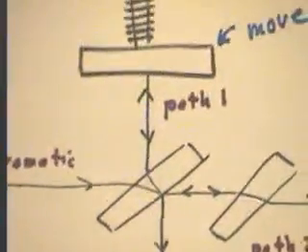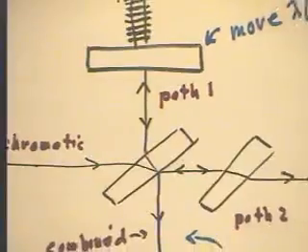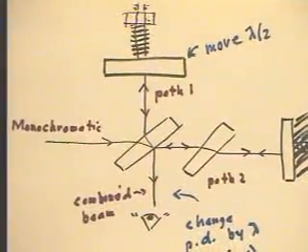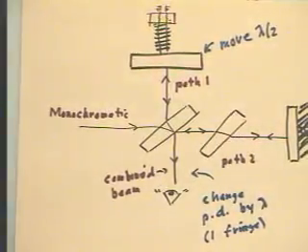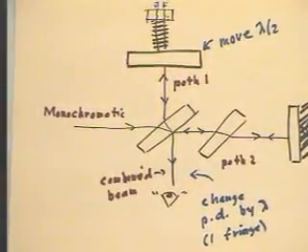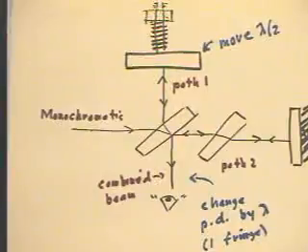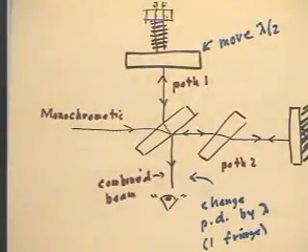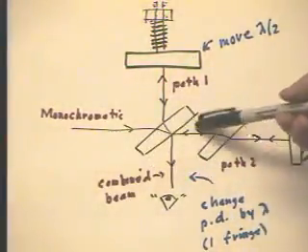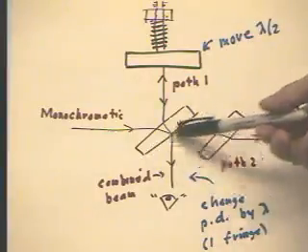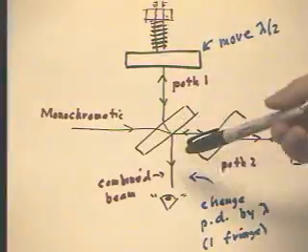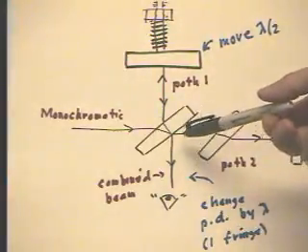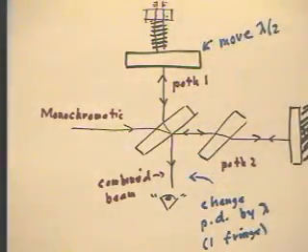Okay, Michelson Interferometer. Here we have 2 half-silvered mirrors, or this is a half-silvered mirror. Half-silvered means there's enough silver on it that half the light that comes into it gets reflected, the other half gets transmitted.